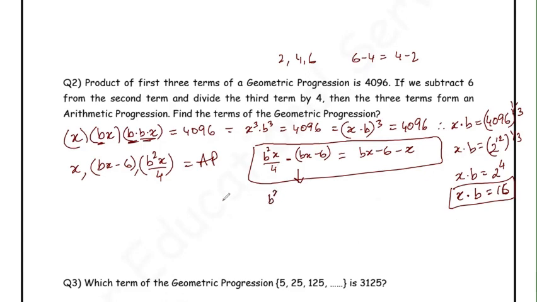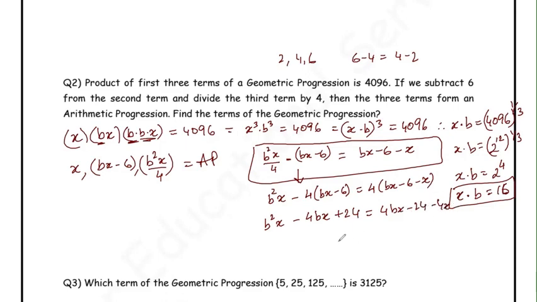So b square x minus 4 times (bx minus 6) is equal to 4 times the whole thing, (bx minus 6 minus x), because we're multiplying 4 throughout to get rid of the denominator. So b square x minus 4bx plus 24 is equal to 4bx minus 24 minus 4x.